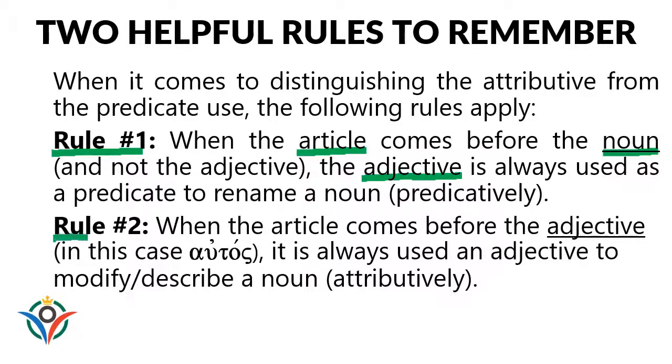And then in rule 2, when the article comes before the adjective, right, in this case, autos, it is always used as an adjective to modify, describe a noun. All right, so I hope that these two rules will assist you now as we look at the uses of the intensive and identical pronouns.